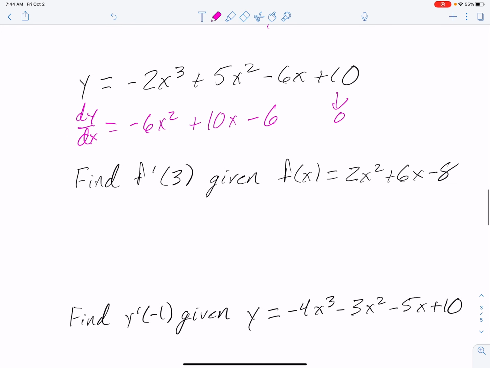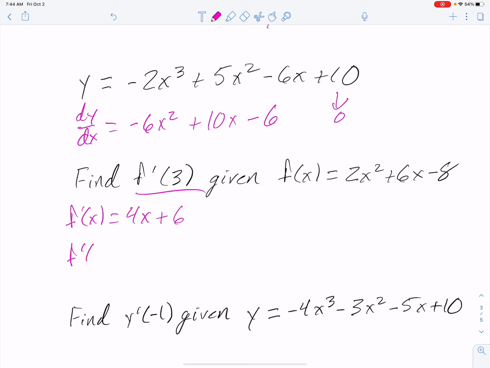We're not going to see much of a difference, I should say, when we have to find the numeric derivative, what's f prime of 3 in this case. We just have to go a step further. So my derivative of my given function, 2 times 2 is 4, 2 minus 1 is 1. Derivative of 6x, 6 times 1 is 6, 1 minus 1 is 0, and then the derivative of negative 8 is 0.